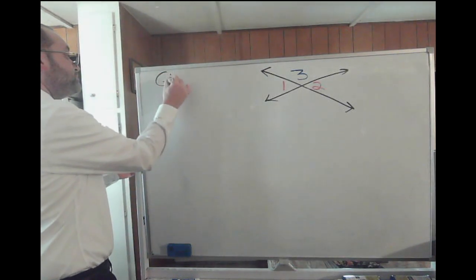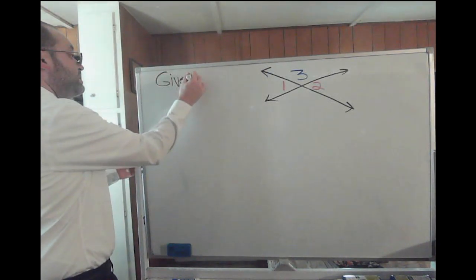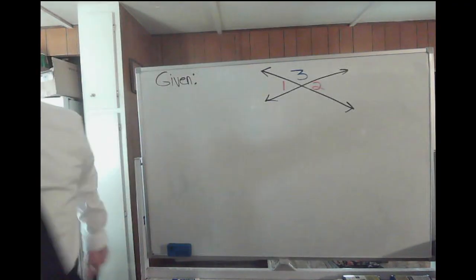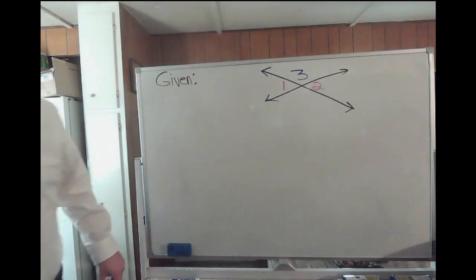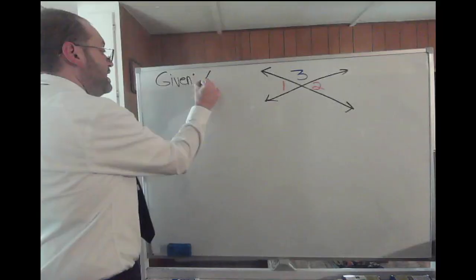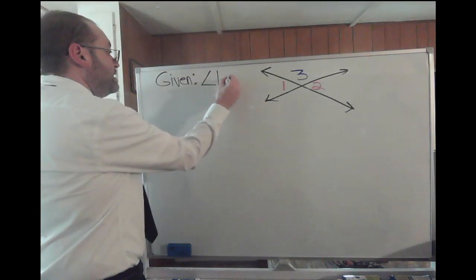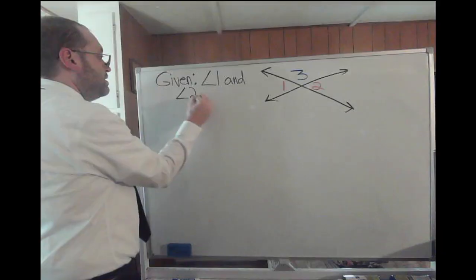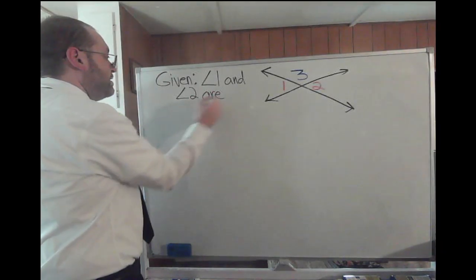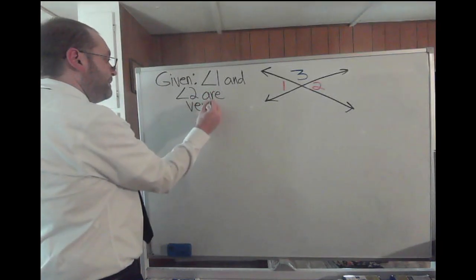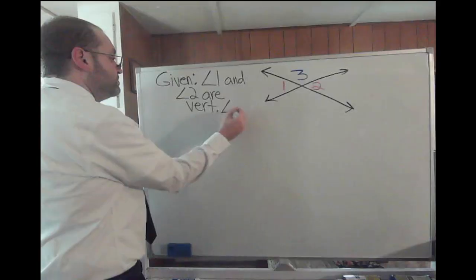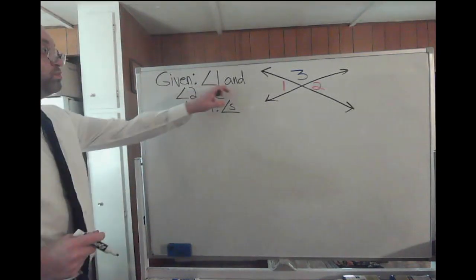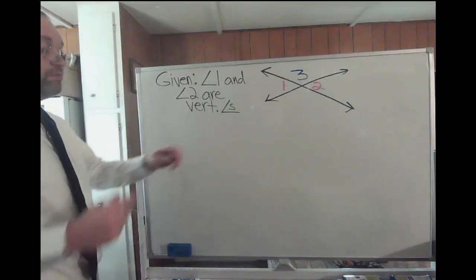Given. So what we've been given here, it tells us that angle 1 and angle 2 are vertical angles.